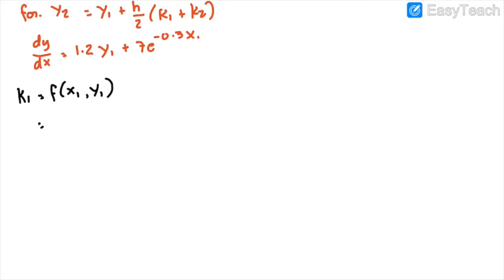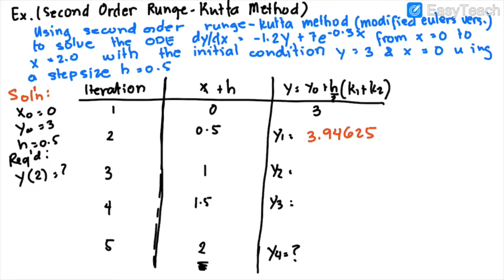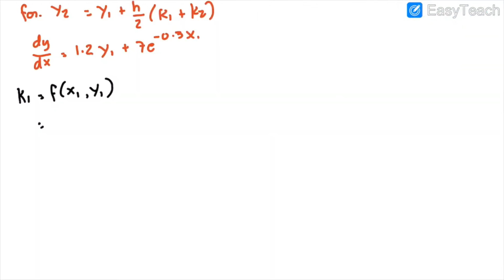What is the value of our x1 and y1? x1 is 0.5, y1 is 3.94625. So that is basically equal to f of 0.5 and y1 of 3.94625.